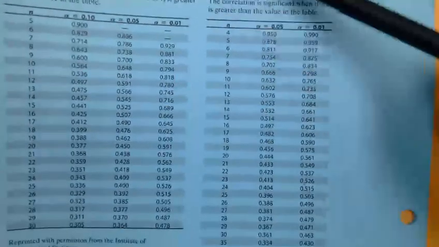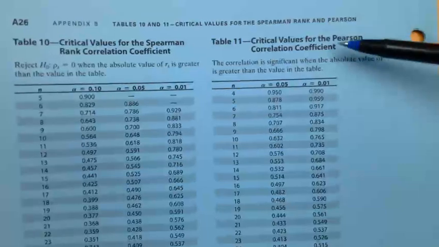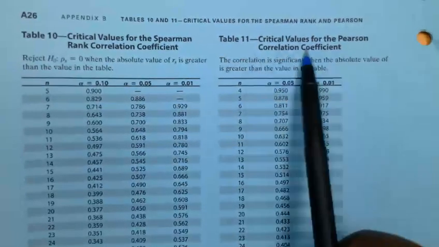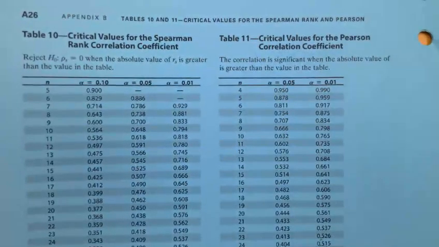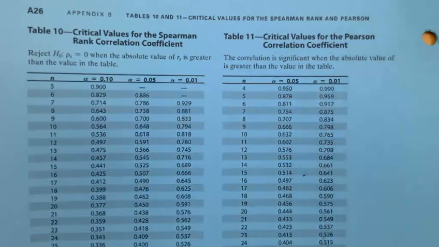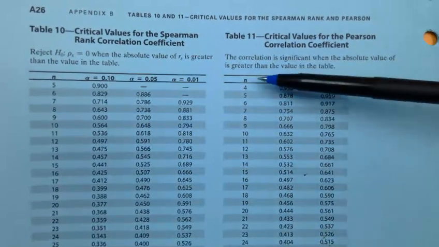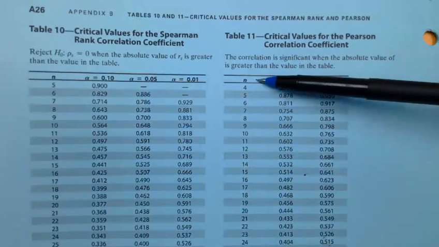Table 11, if you choose to. Remember, these are R values. Correlation coefficient means R values. This is the bar, meaning you have to beat this to show significance. This says N. N is your number of pairs of data.